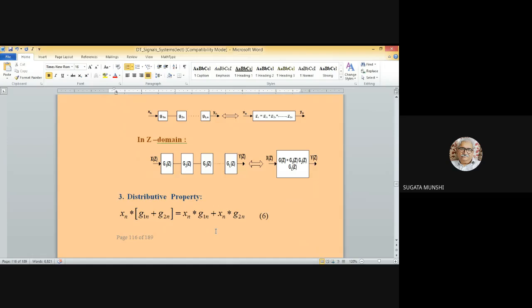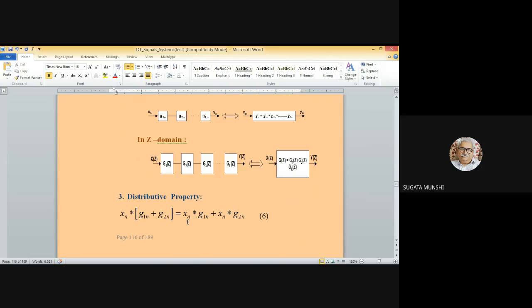Second term on the right hand side is as if you are having another system with impulse response G2n, excited by xn, and the output is y2n. Result of this convolution, if I represent it by y2n, that is the implication. So right hand side is actually the sum of y1n and y2n.